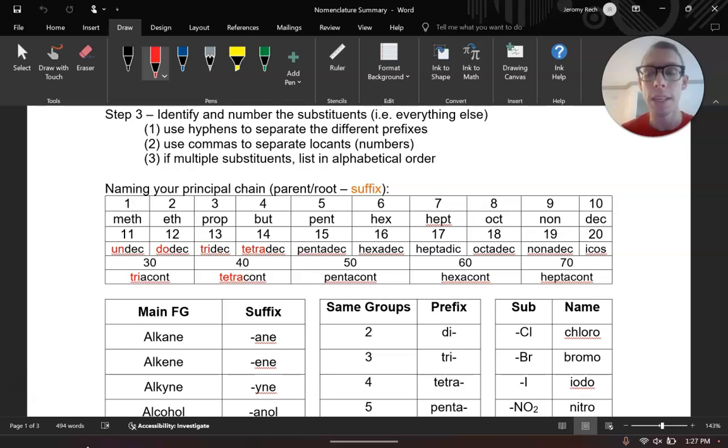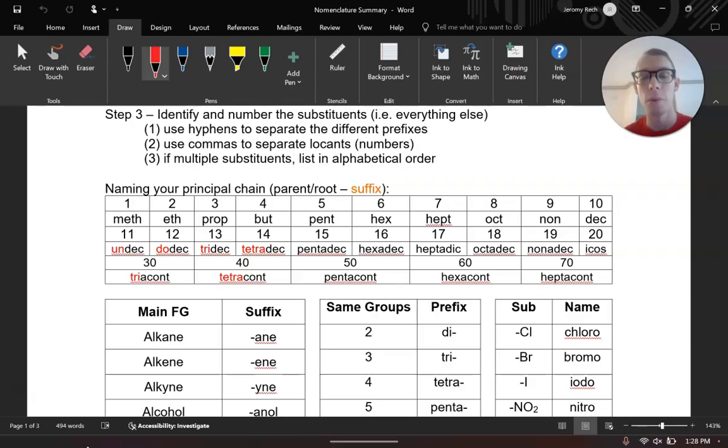In the teens, what we'll do is take the word dec and add a prefix before it. Unfortunately, rather than using the meth, eth, prop, but, there is actually a new numbering system for 1 through 4, and everything else stays the same, which is super confusing. So 11 is undec, 12 is dodec, 13 is tridec, 14 is tetradec.